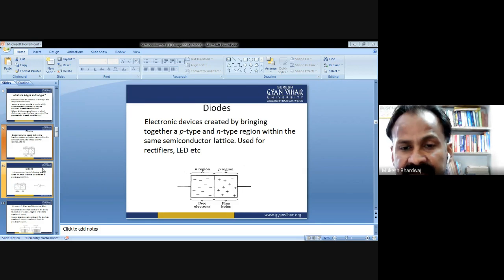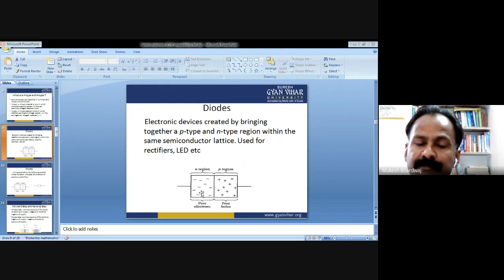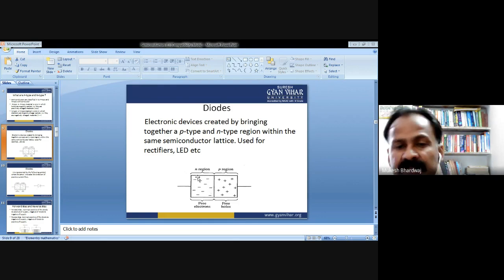rectifiers, LEDs, etc. As you see in the diagram, when a P-type semiconductor and an N-type semiconductor are diffused together to form a new device, it is known as the diode or PN junction diode.